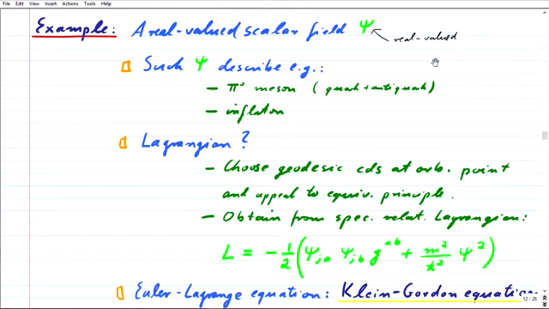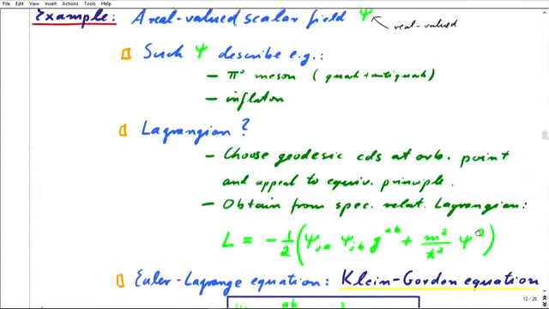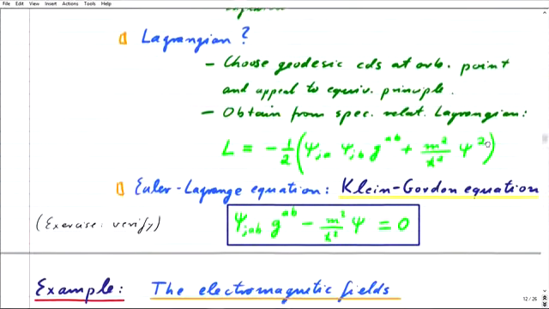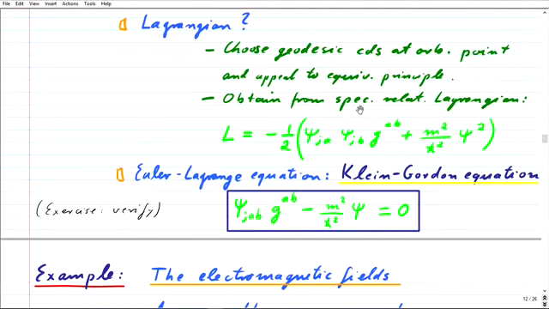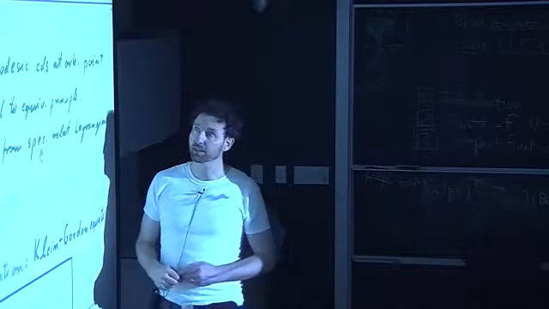Then what could be the Lagrangian for a real-valued scalar field? Well, the way to determine it is to appeal to the equivalence principle.